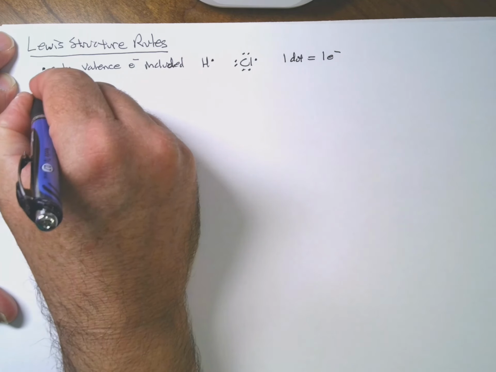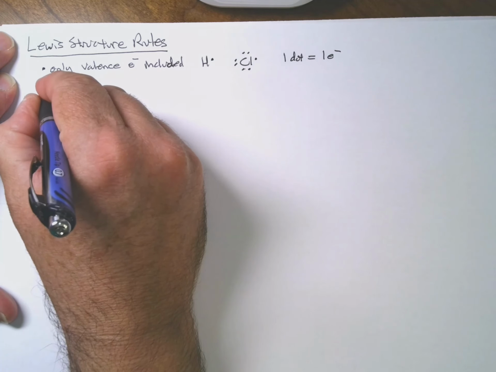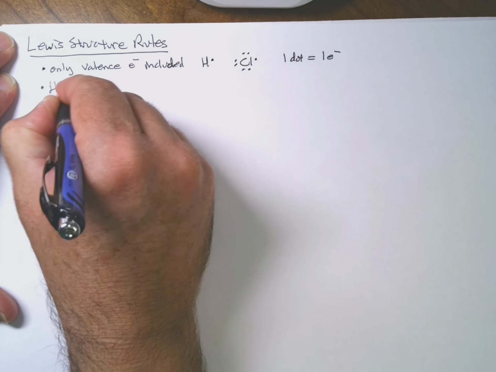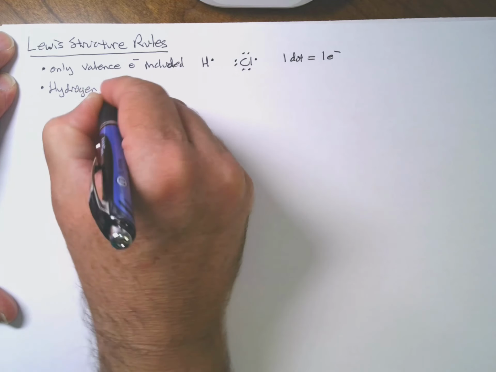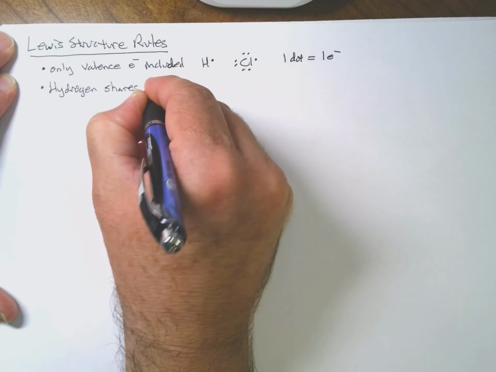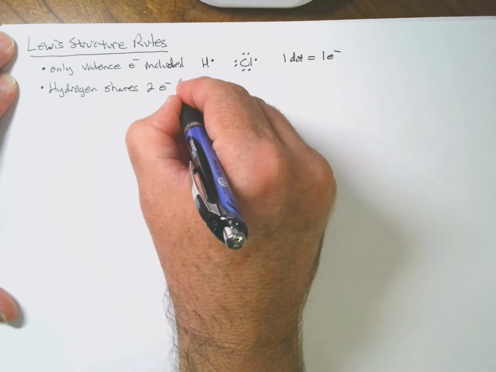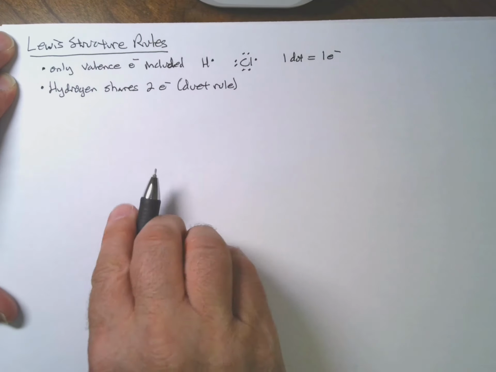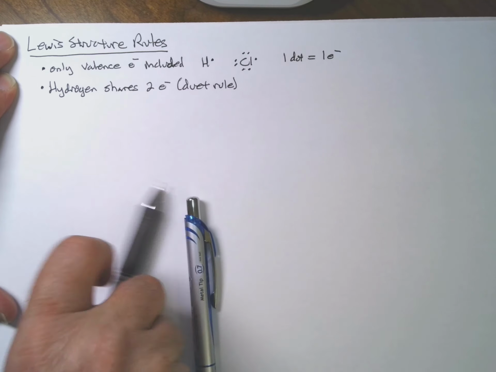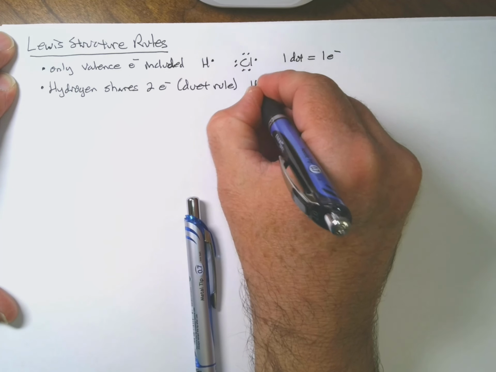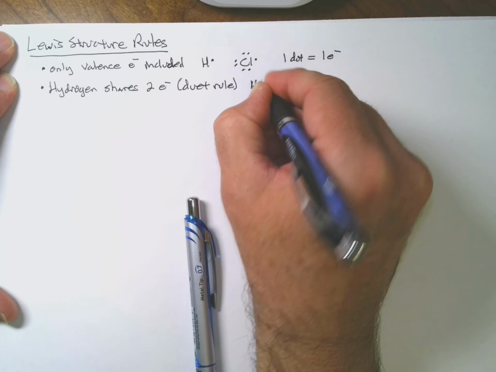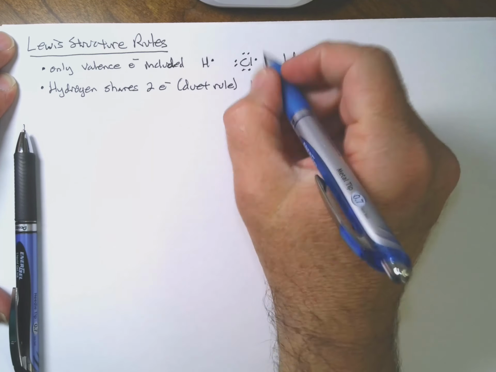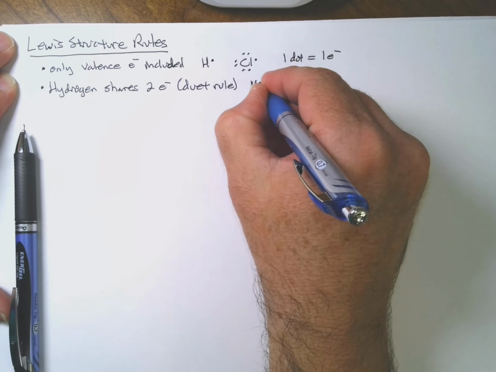Now hydrogen can share 2 electrons, and we call that the duet rule, which is just what hydrogen does. Nothing else does it. So we have H with an electron, and we have another H with another electron.